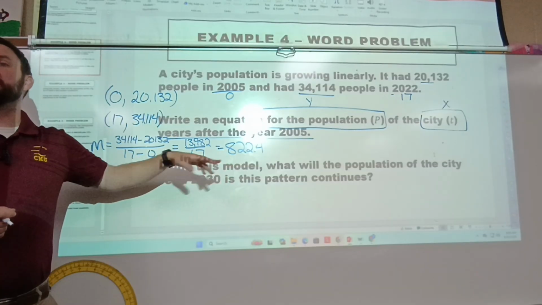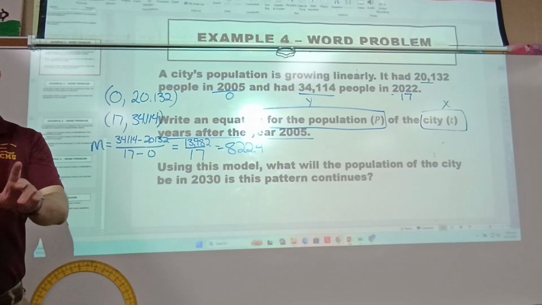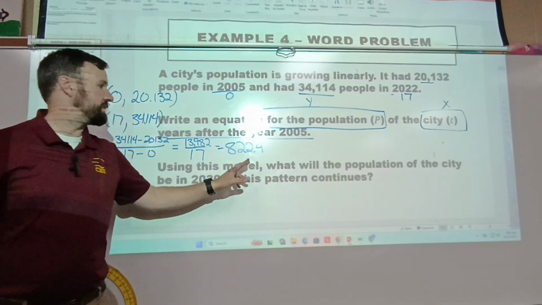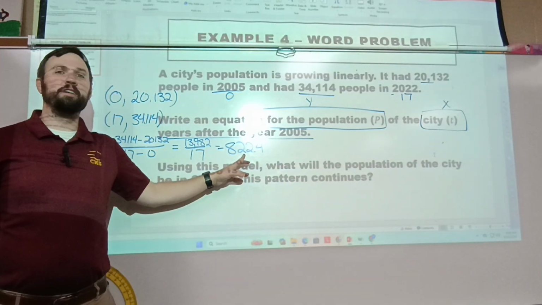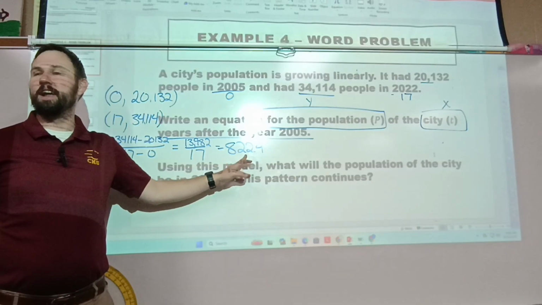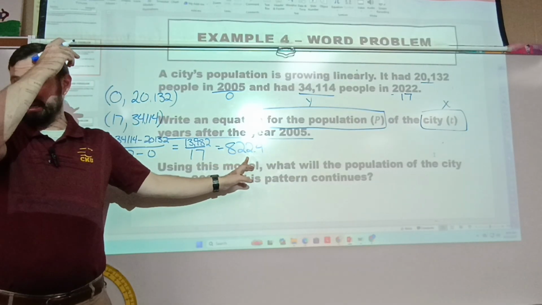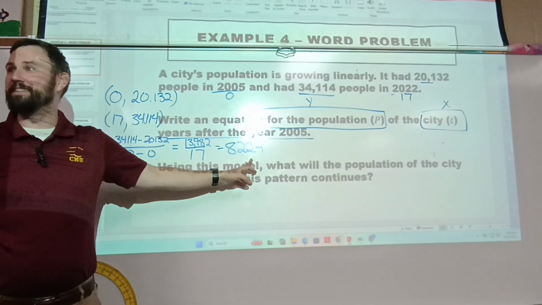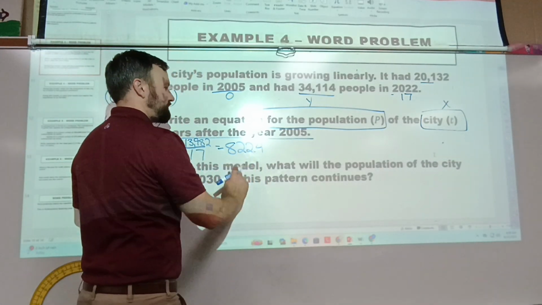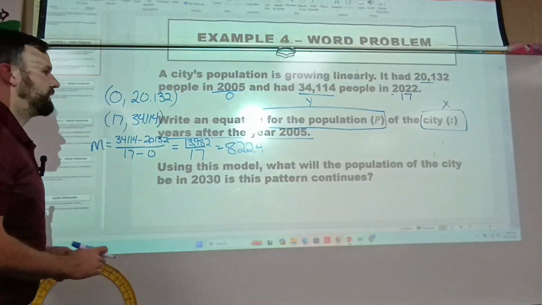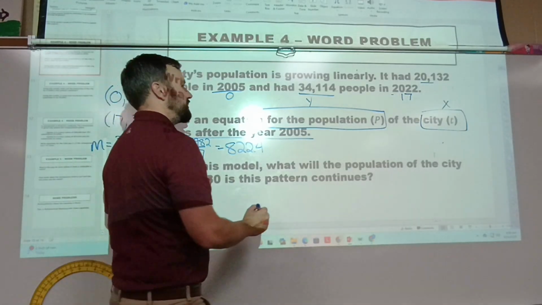So I'm trying to put that in meaning. When we do the linear regression, the slope has meaning, right? For every year, 822.4 more are added to the population. People in AP stats might be having flashbacks. Remember, you had to know all your interpretations. That's my slope. Okay?